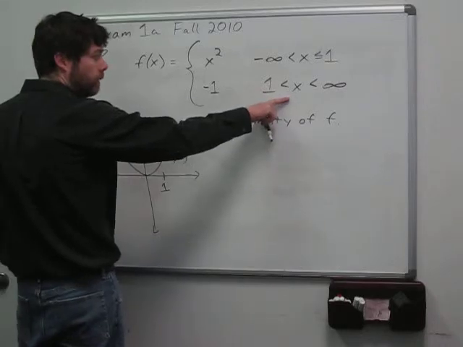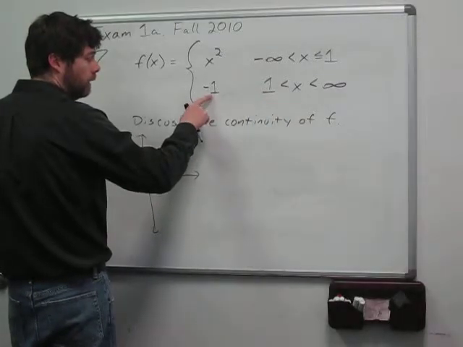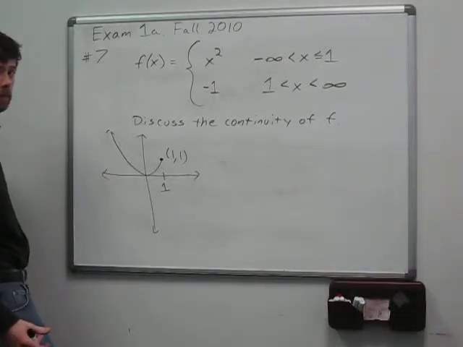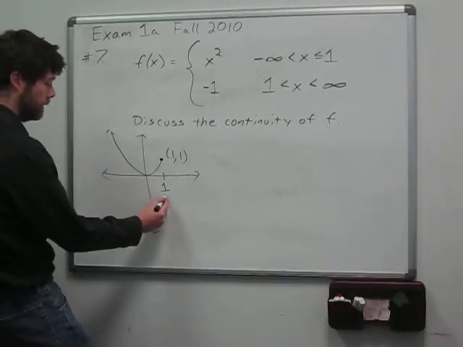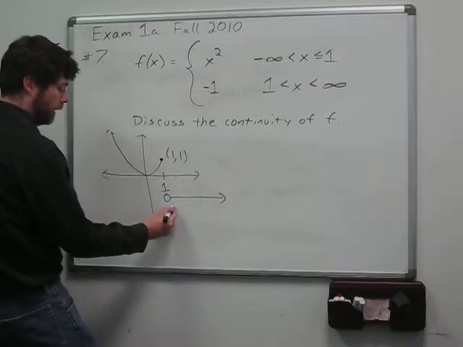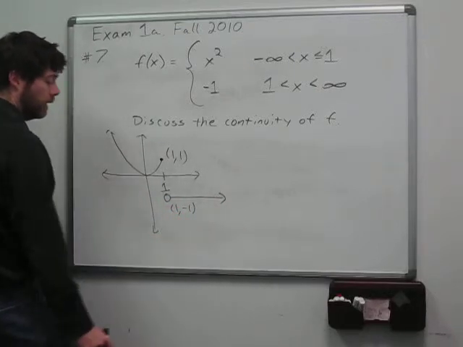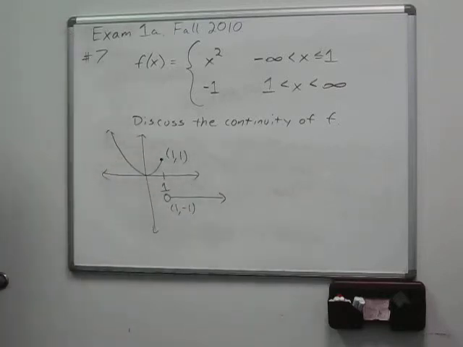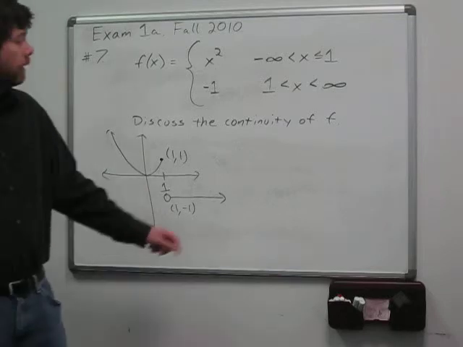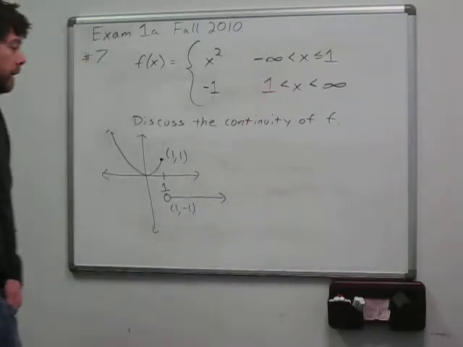For x greater than 1, we just want to draw the constant function f of x equal to -1, so that's just a horizontal line starting at (1, -1) and heading out to the right. And here we use an open hole because of the strict inequality.